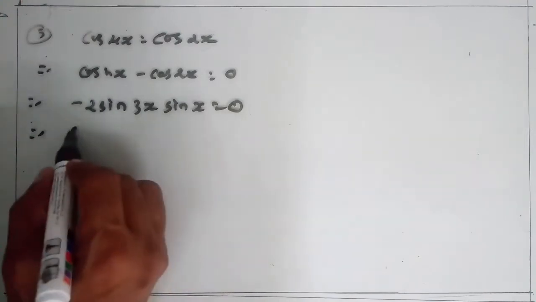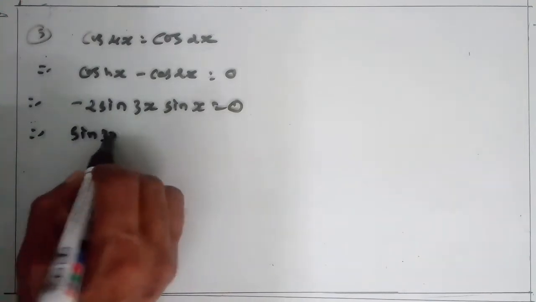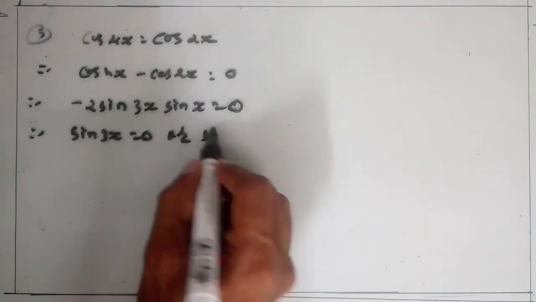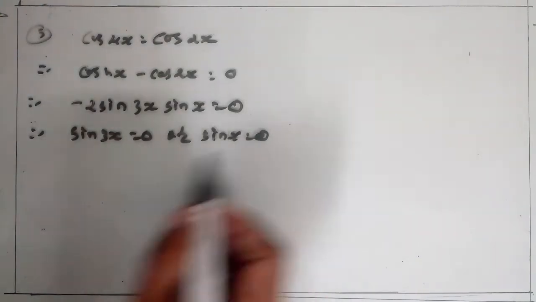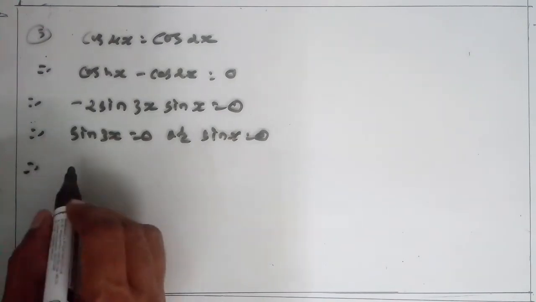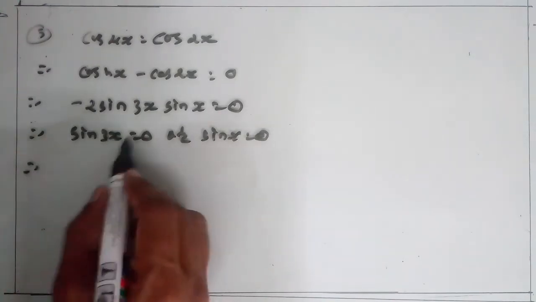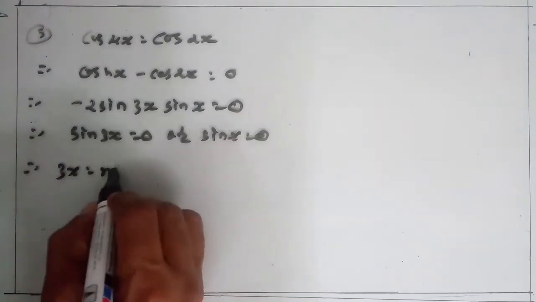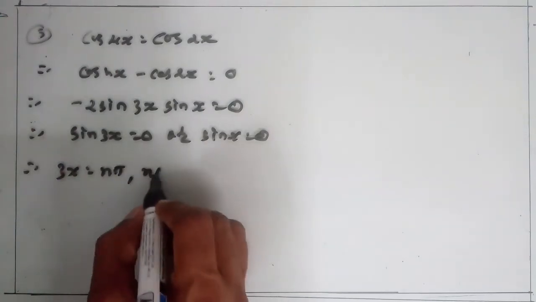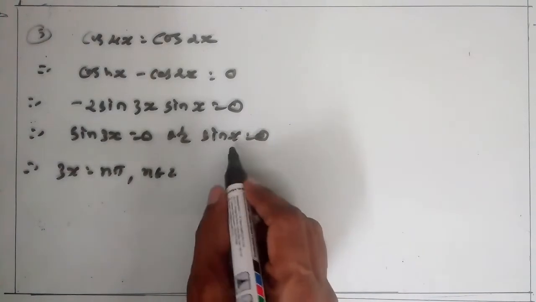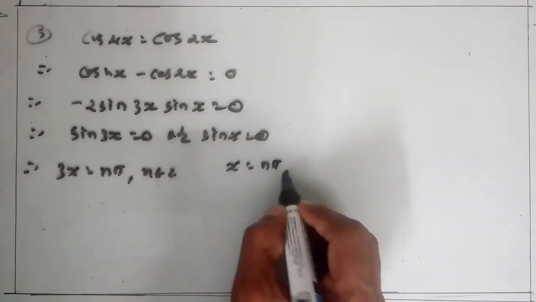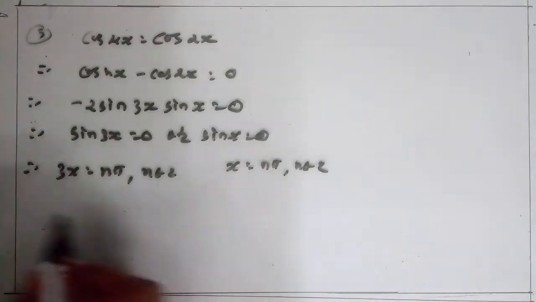Therefore sin 3x is equal to 0, or sin x is equal to 0. We know the zeros of sine. So 3x is equal to n pi, n belongs to Z, and x is equal to n pi, n belongs to Z. Clear?